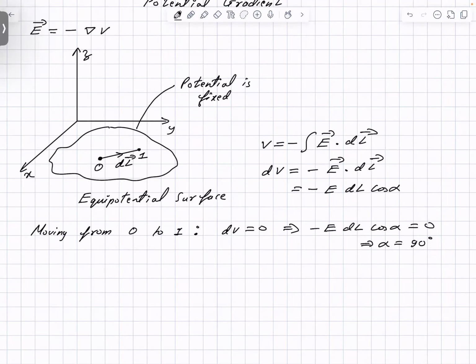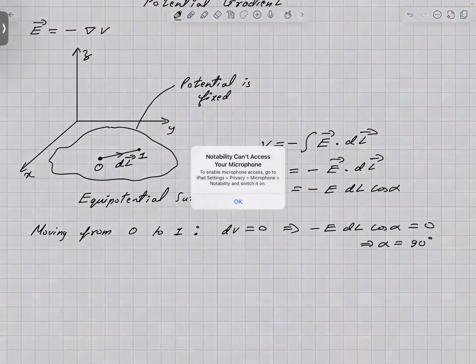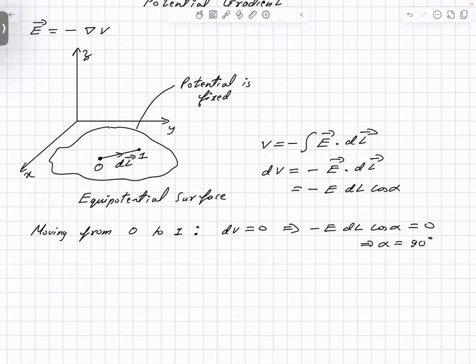There are many directions that can be perpendicular with dl, right? We can choose a line like that, a line like this. And this is 3D, so there are many other possible vectors that will have a 90-degree angle with this dl.